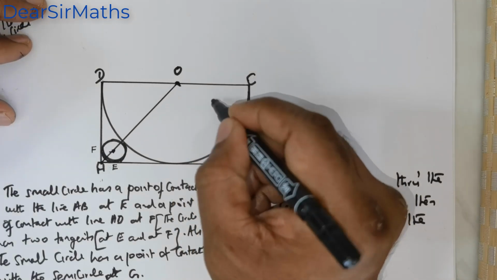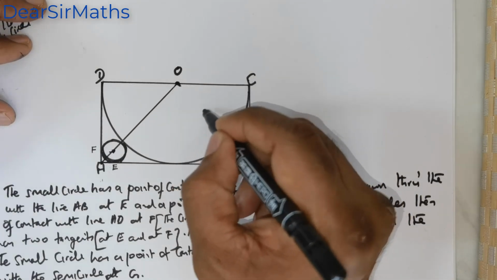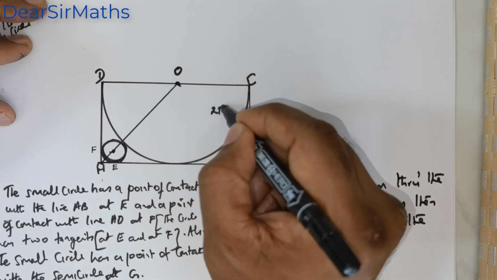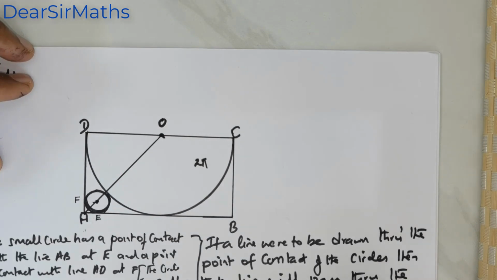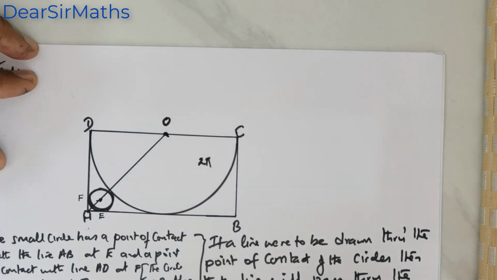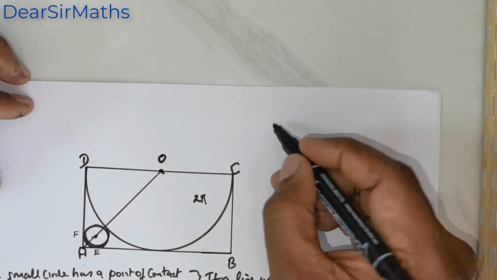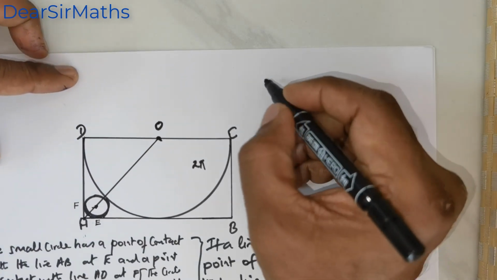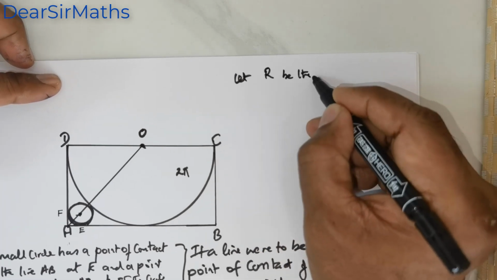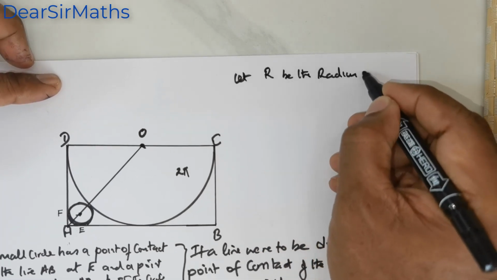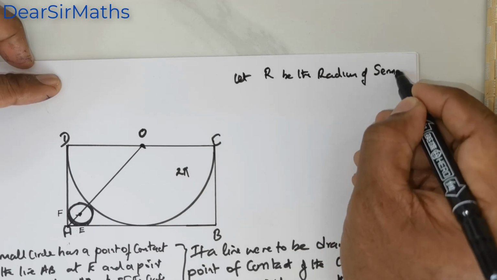Now it is given in the question that the area of the semicircle is 2 pi square units, right? So foremost, I have to formulate a few pieces of information. So I'm going to state here, let capital R be the radius of the semicircle.